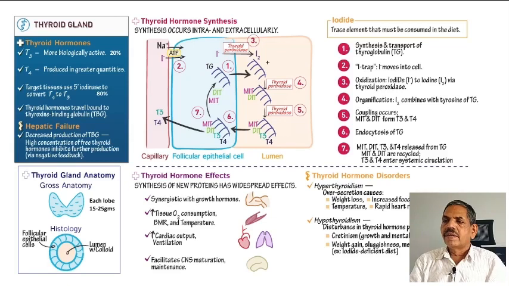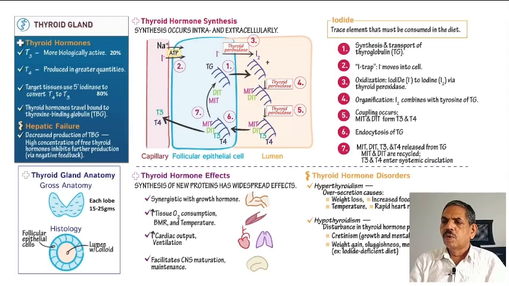And with the help of thyroid peroxidase enzyme, iodide that is joining with the tyrosine moiety of thyroglobulin and forming what is called the monoiodothyronine and diiodothyronine.